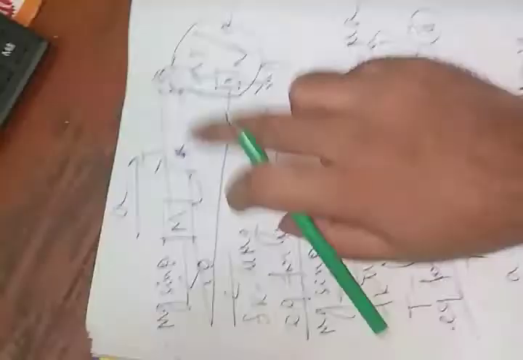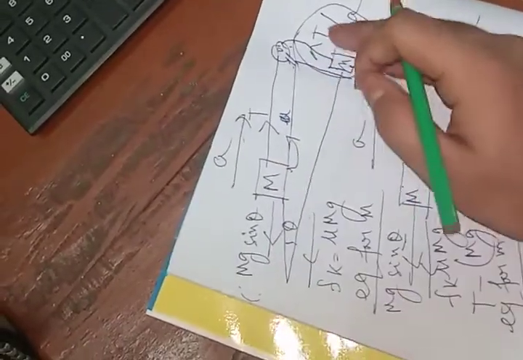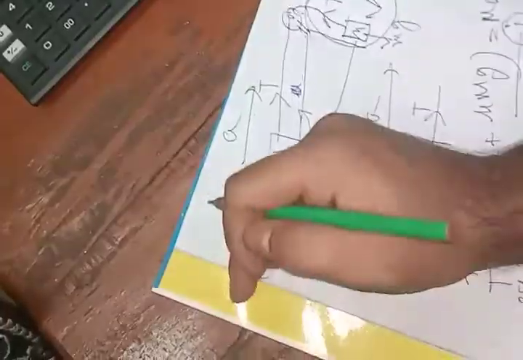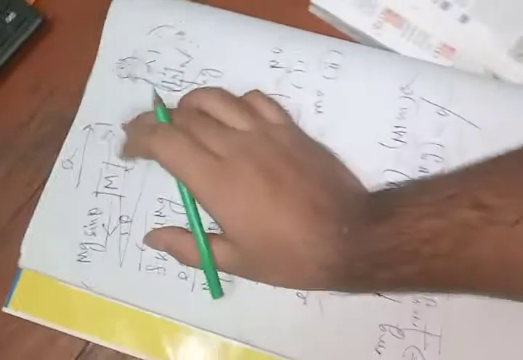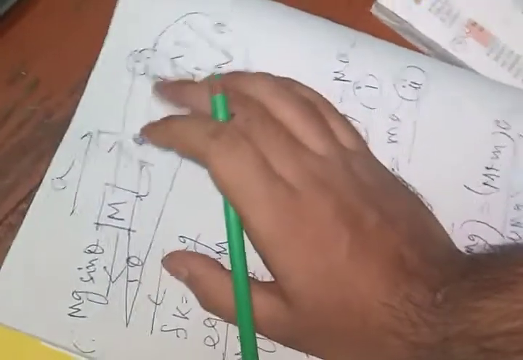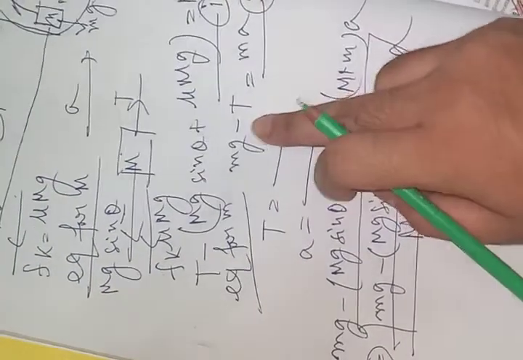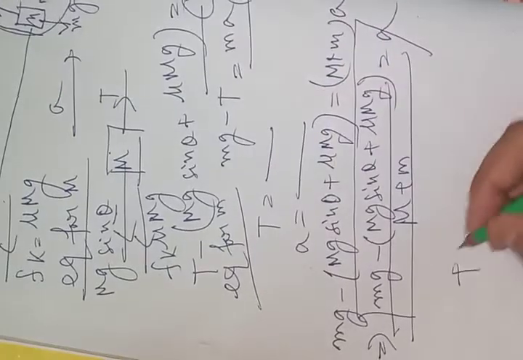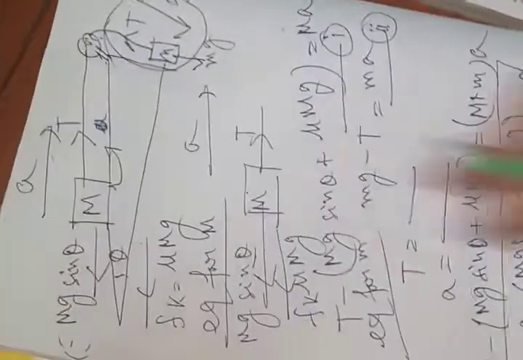Now in this question we can also say that if the acceleration is reversed, with this one going downwards and that one going upwards, the friction force will be in the other direction. So it depends on the nature and direction of the motion. This is how you can handle it, and you put this acceleration in to get the value of T. So this is how you can solve this kind of problem on an incline.